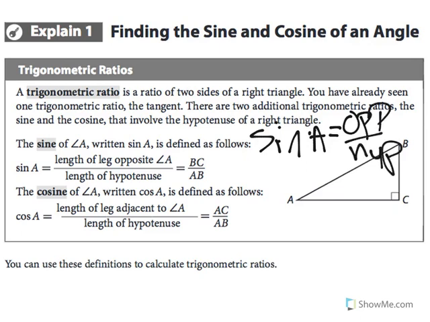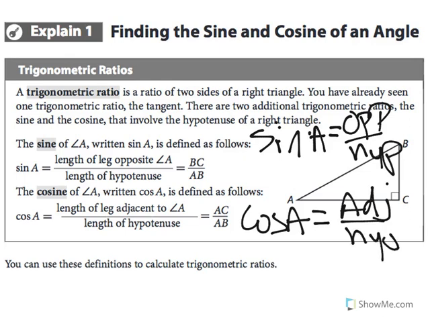Cosine of angle A, written as cosine A, is defined as follows. Cosine of angle A is equal to the length of the leg adjacent to angle A divided by the hypotenuse. So it's equal to AC over AB. So cosine of angle A is equal to adjacent over the hypotenuse.